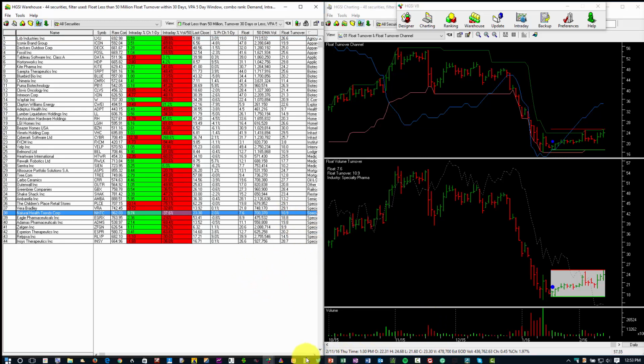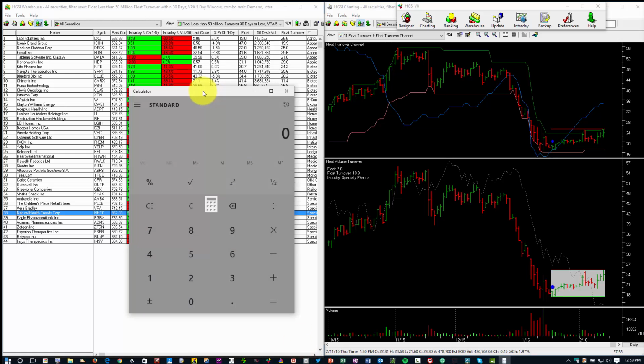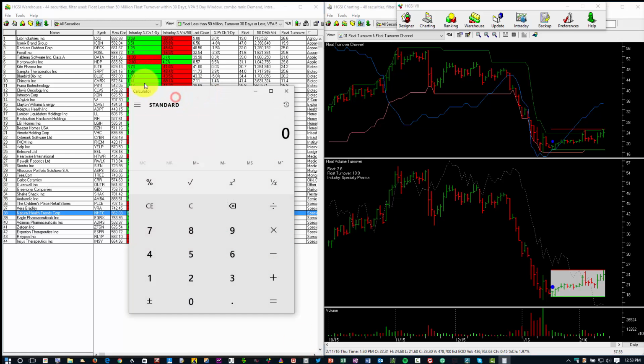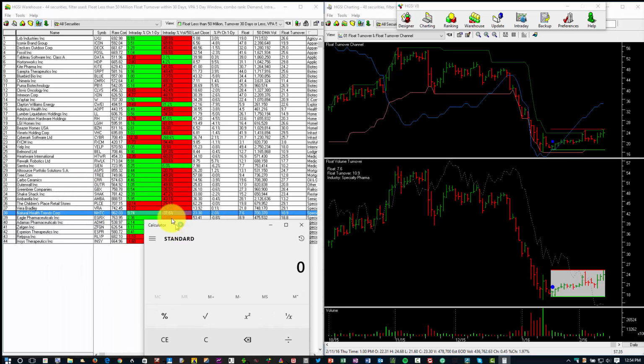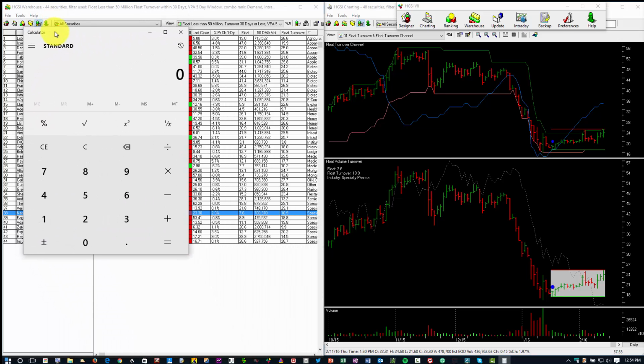comes to fruition. I'm going to bring up the calculator, and I have arranged these columns a little bit differently. It is the float divided by the 50-day moving average volume, times 1 million, because these shares are in millions of shares, will give us the number of float turnover days.